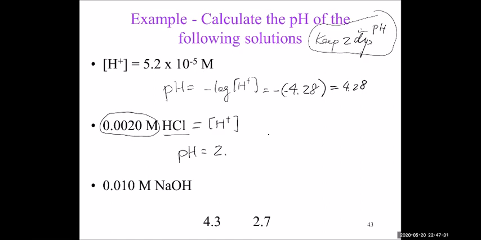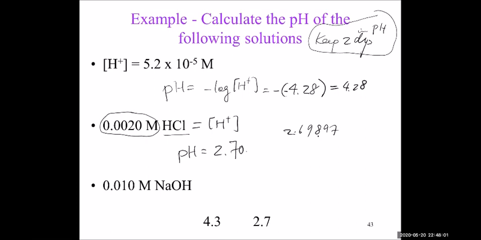Okay, let's calculate what the exact number would be. Rounded to 2 decimals it will be 2.70. It is 2.69897. To keep 2 decimals, I keep up to here, so I need to round here.